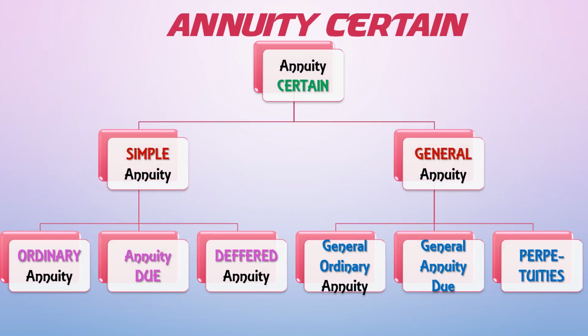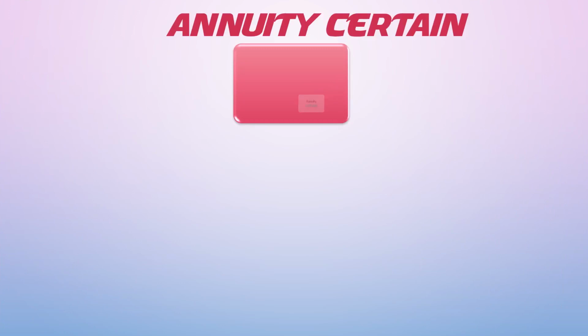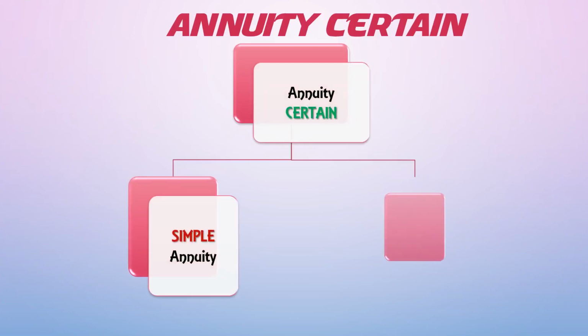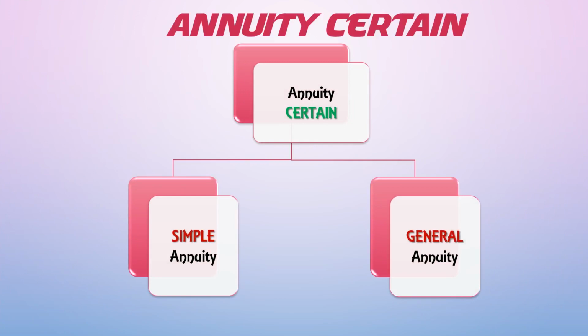Let's move downward with the flow chart. Let's focus on the annuity certain. So we have here the two types, simple and general, and then under those two are the subtypes of annuities. Okay, so earlier we defined annuity certain as an annuity where the payments are fixed, the first and the last, and there is a definite duration.